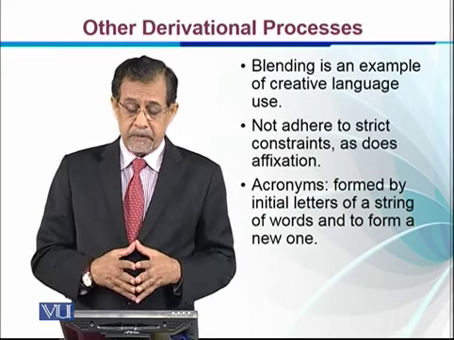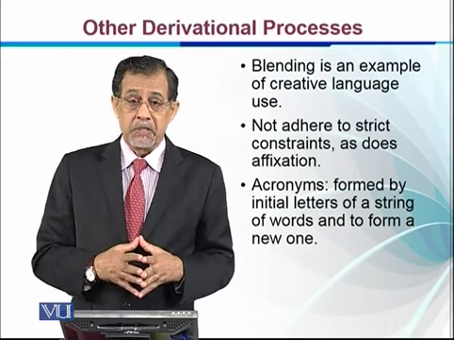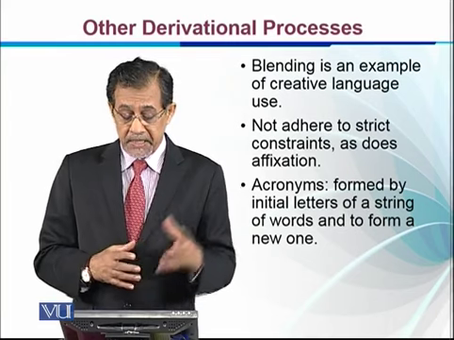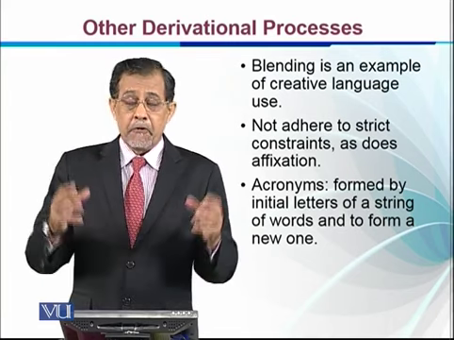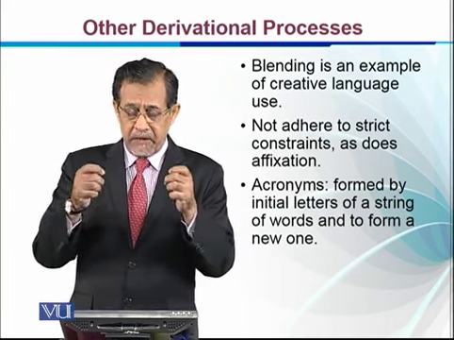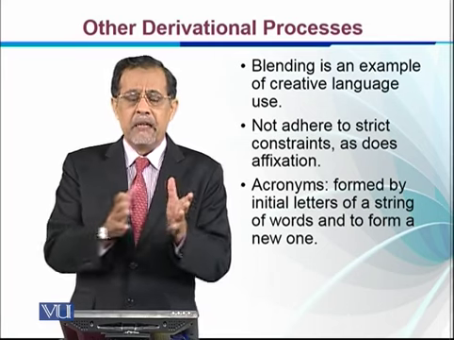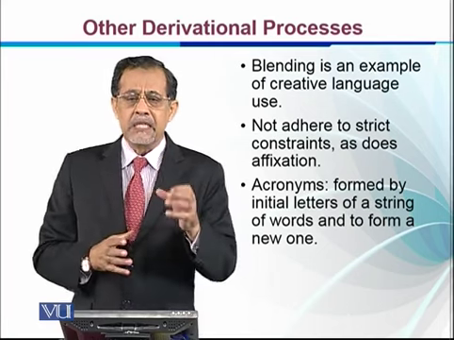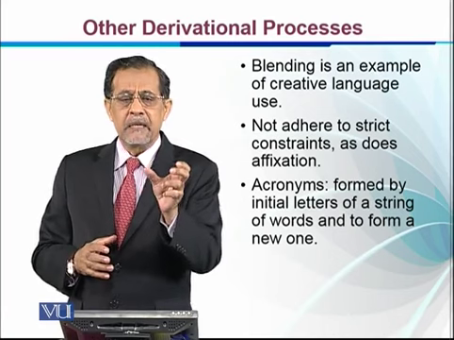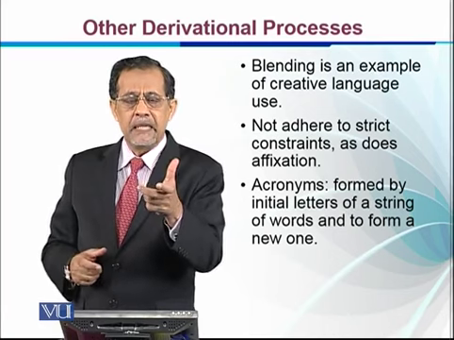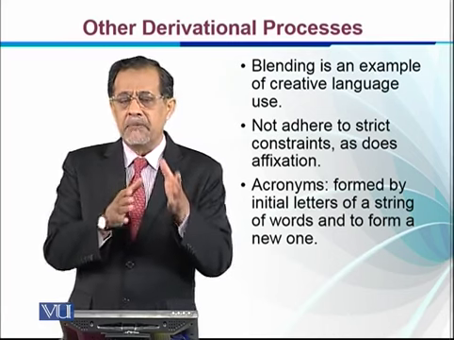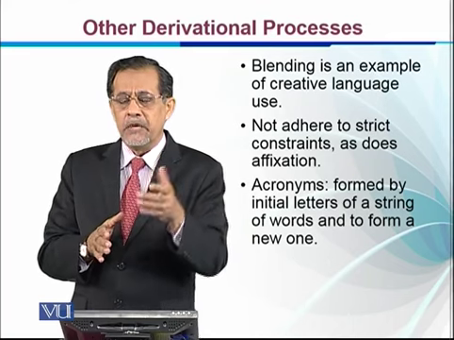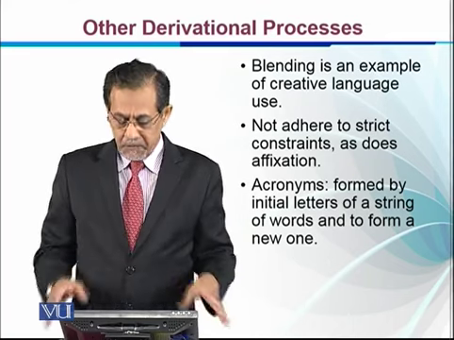Another derivational process of forming new words is acronyms. They are formed by taking the initial letters of words, and then we make a new word. Sometimes we pronounce that combination of letters as a word, and sometimes we keep the letters individual and pronounce them individually.